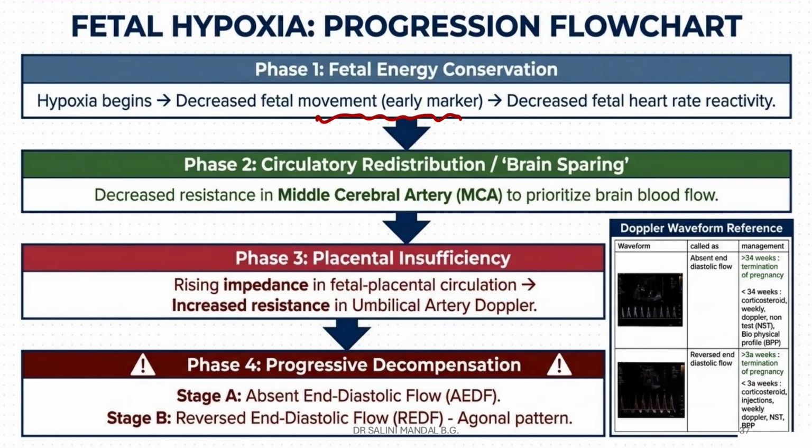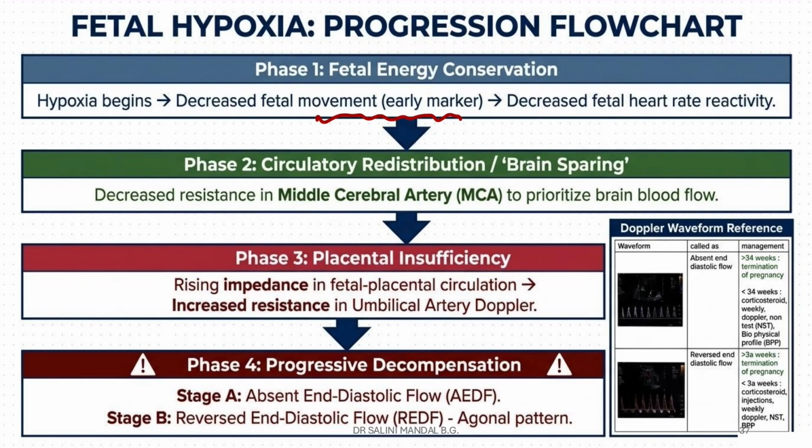Blood flows towards the brain, the brain sparing effect, which is the decreased resistance in the middle cerebral artery. That is done so that we prioritize brain blood flow and decrease the damage in the brain.